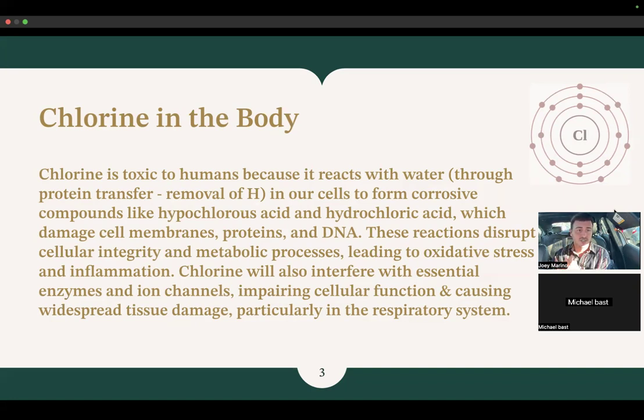These reactions disrupt cellular integrity and metabolic processes, leading to oxidative stress and inflammation, and it will also interfere with essential enzymes and ion channels, impairing cellular functions and causing widespread tissue damage, particularly in the respiratory system, but other effects as well. But just making specific note that chlorine is a very toxic element to be in the body.